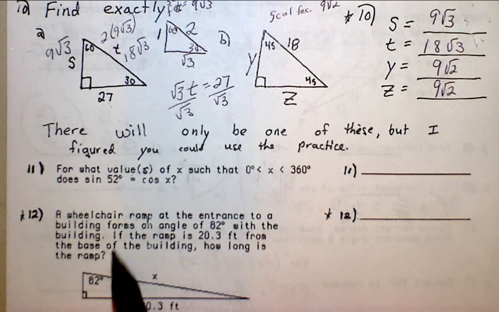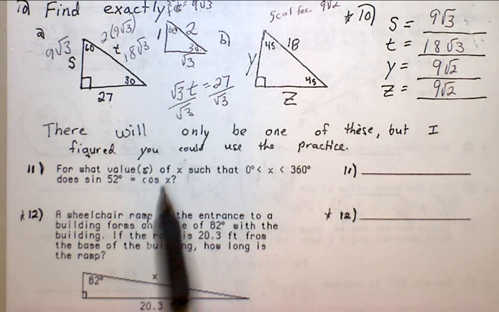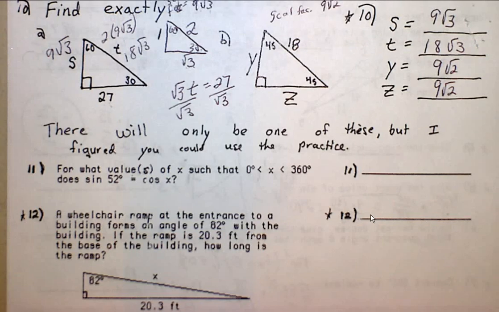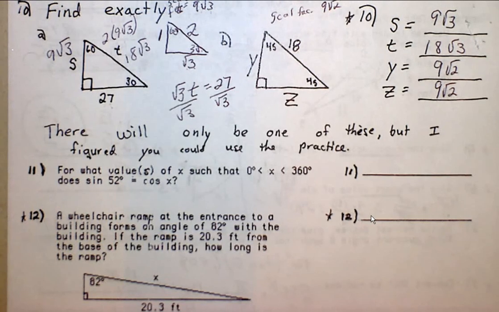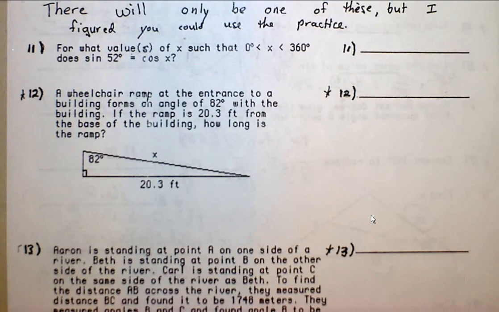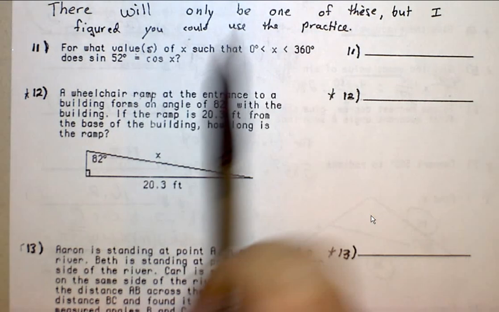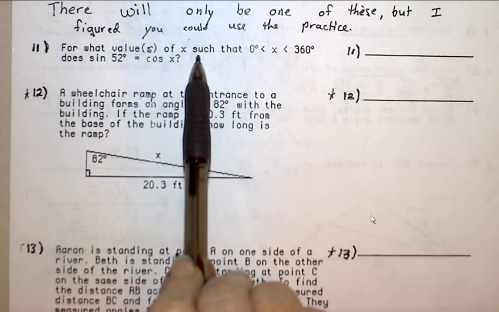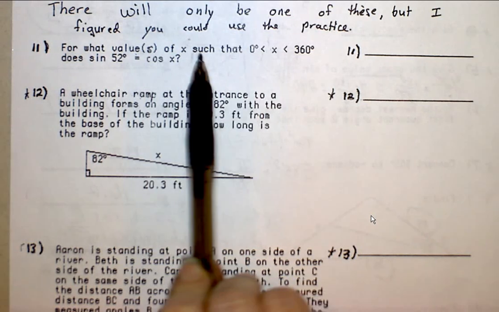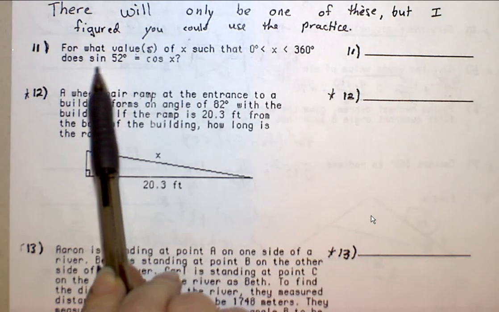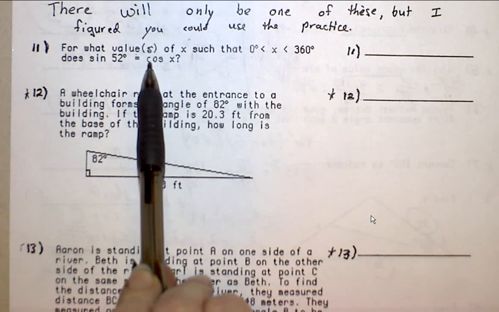Alright, number 11. For what value of x, such that 0 is between 360, does sine of 52 equal cosine of x?